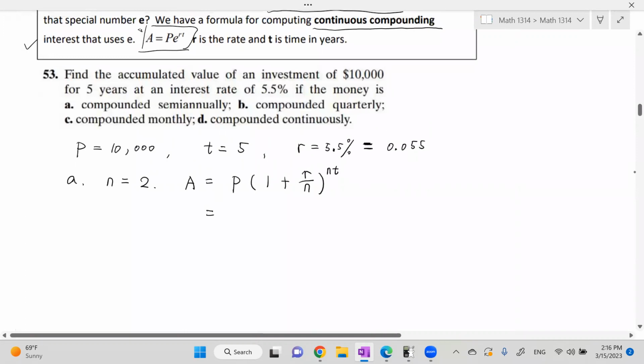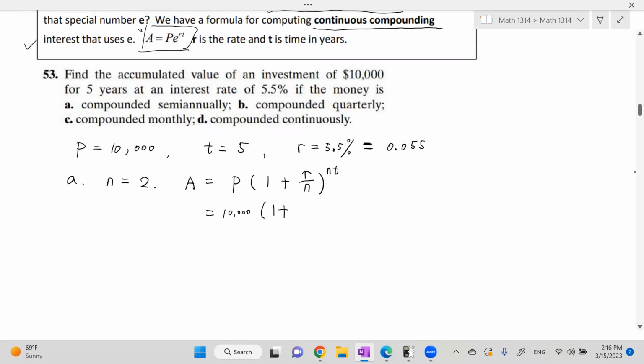The P is 10,000, and 1 plus R over N. R is 0.055 over N. N is 2 because we compound twice a year. N times T is 2 times 5.